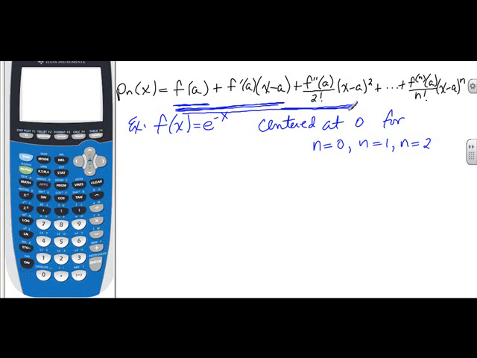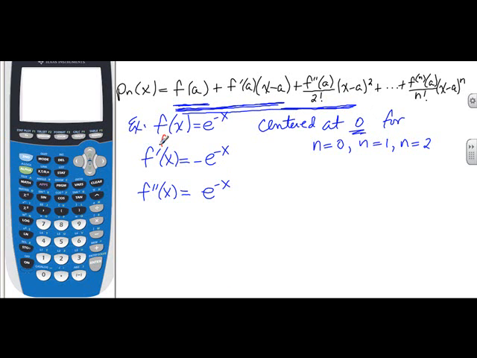So we're going to need the function, the first derivative, and the second derivative, and we're going to need those evaluated at x equals 0.